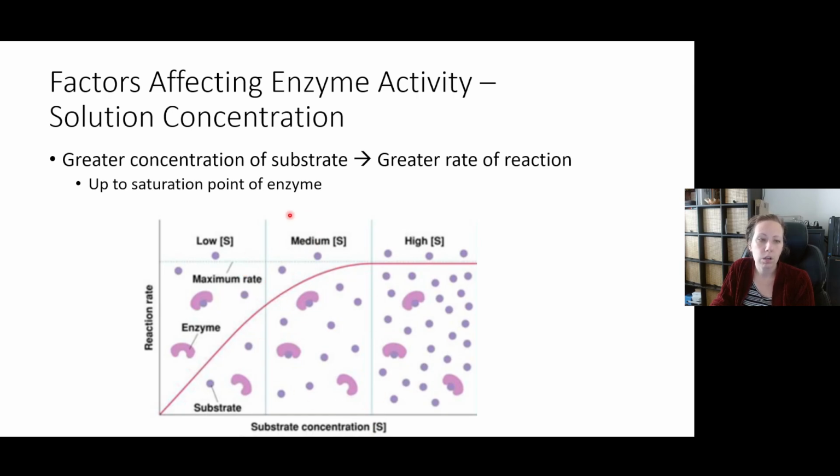The more molecules of the substrate that you have, the more likely, as things are just moving around in solution, that it's going to hit one of the enzymes and hit it in the right place, and the reaction takes place. And so here you have two of them happening at this time.